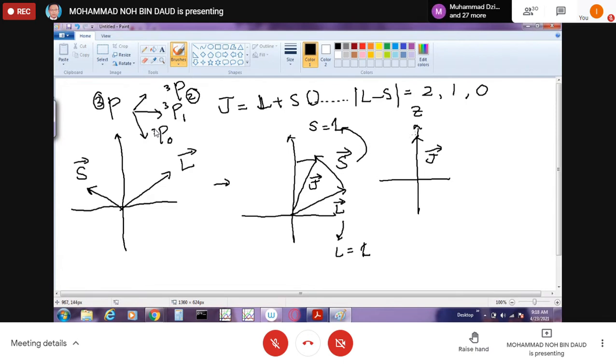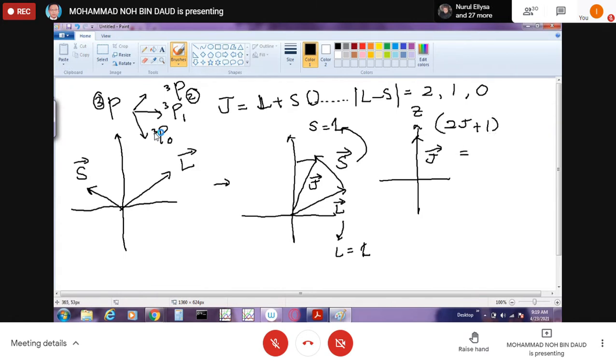When we put these vectors precessing in this z-axis, all the same J value will give the same energy. So we have 2J plus 1 degenerate states having the same energy.